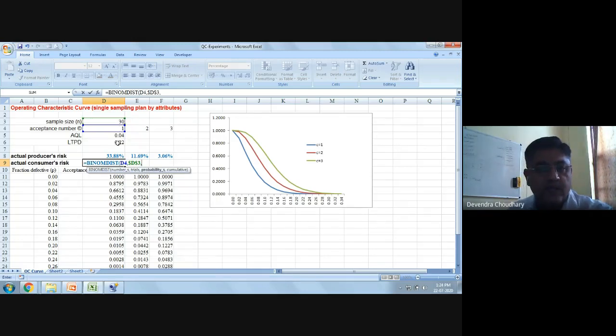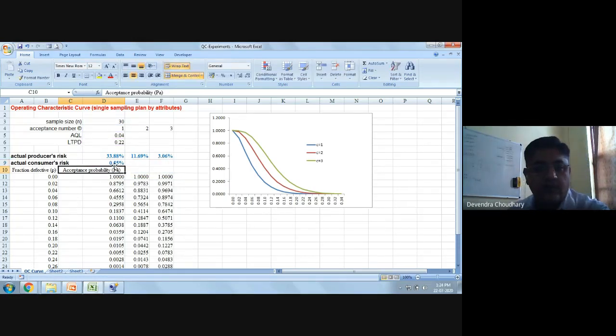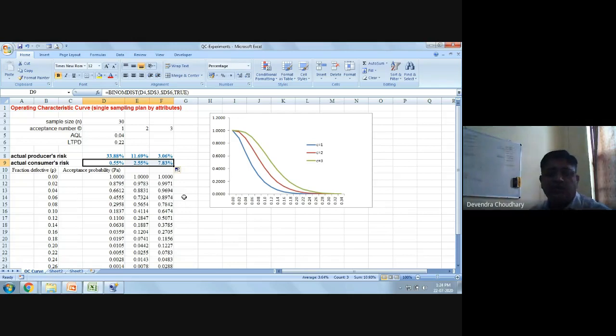Then probability is the LTPD value, the fraction defective at LTPD. I will freeze it again. Then true. Okay, and then I drag it. Okay, now my total experiment is set up.